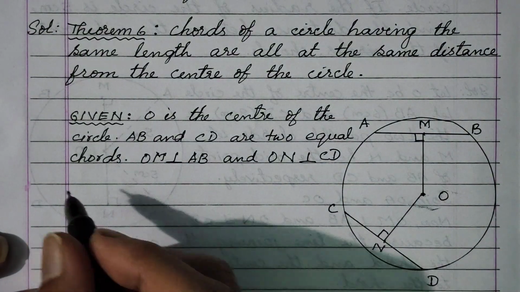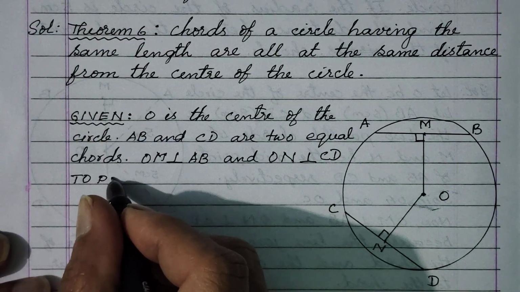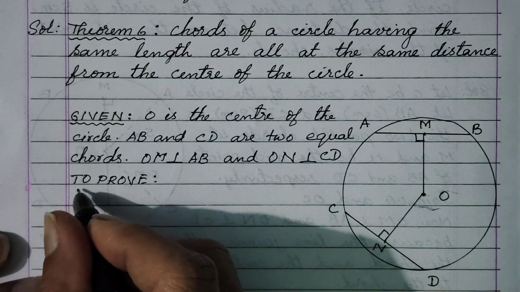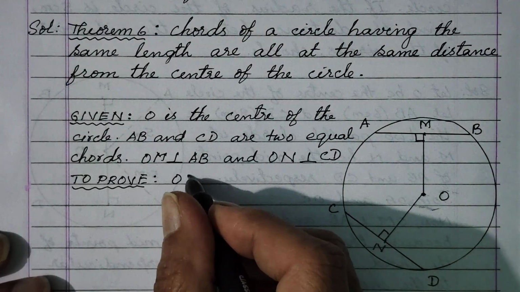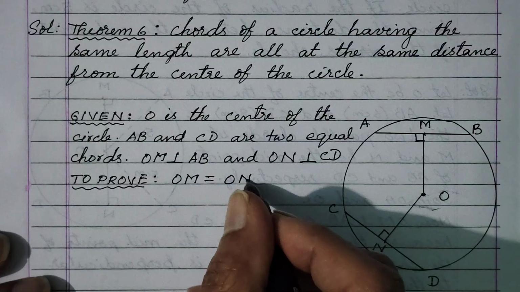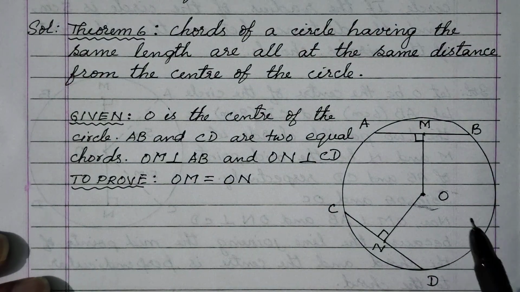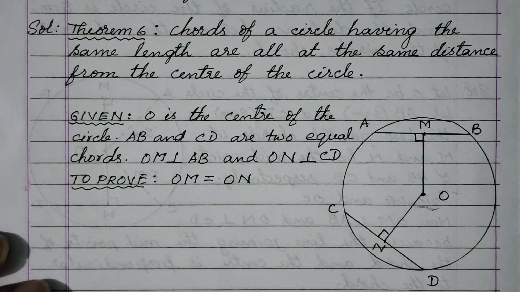Now to prove, we need to prove that OM is equal to ON, because OM and ON show the distance of AB and CD from the center. But we have to prove it by means of Pythagoras theorem.